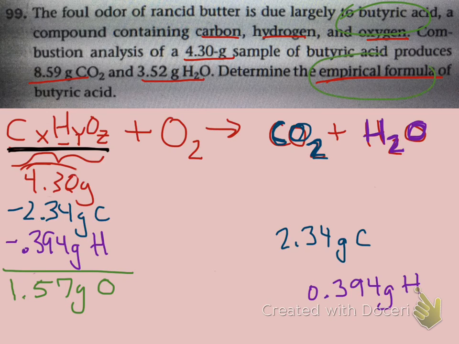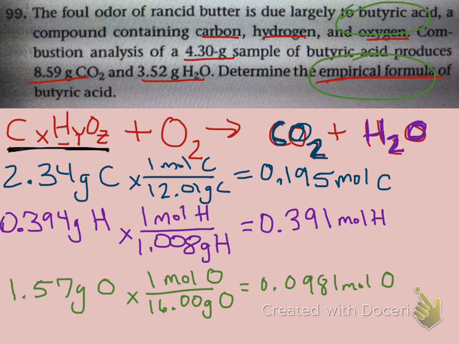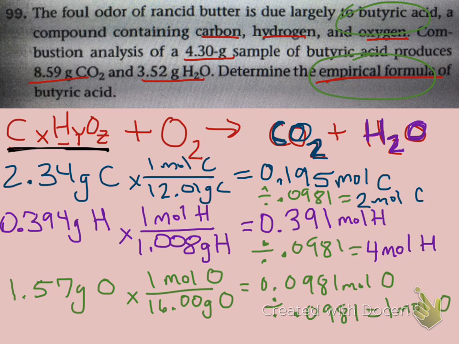So now we need to figure out the empirical formula. Again, the empirical formula is the mole ratio between the carbon, the hydrogen, and the oxygen. So the first thing we need to do is convert all of our grams into moles. Once we establish how many moles of each element we have, we need to determine the ratio. So we're going to divide by the smallest number, which is our moles of oxygen.